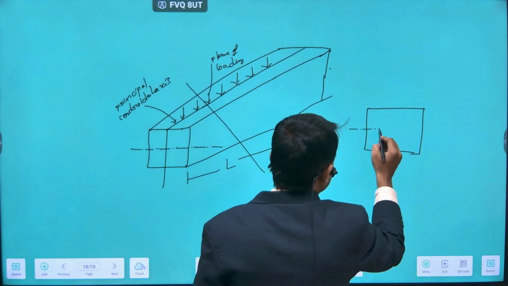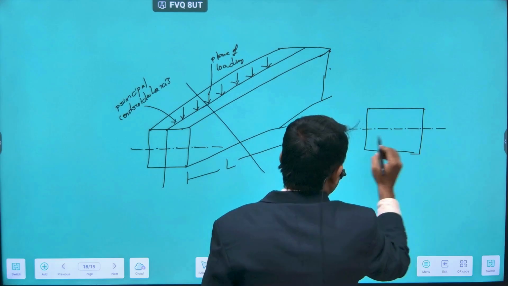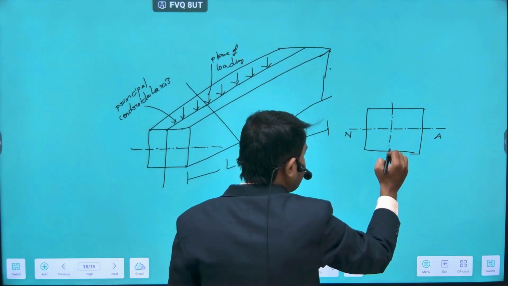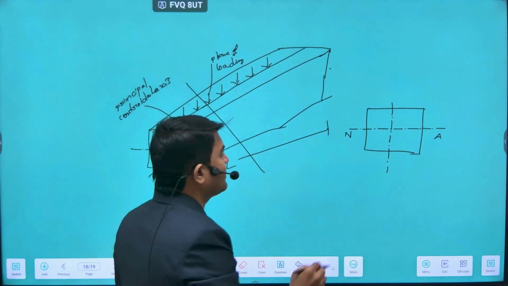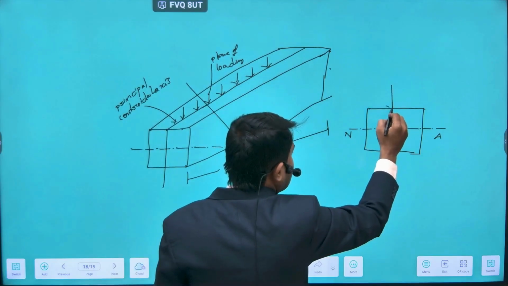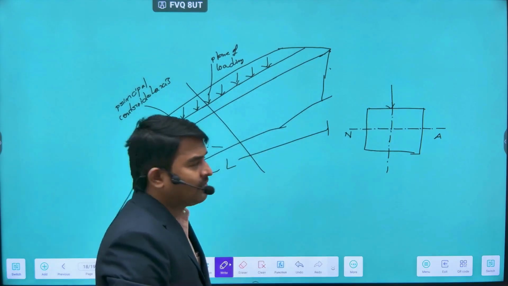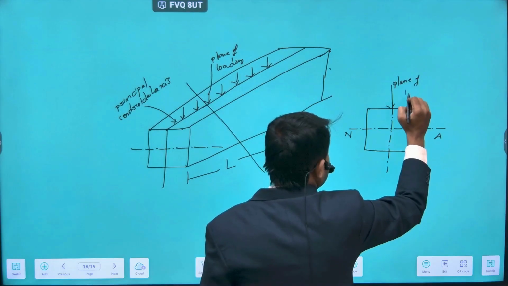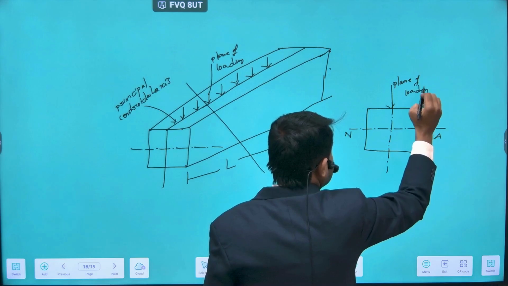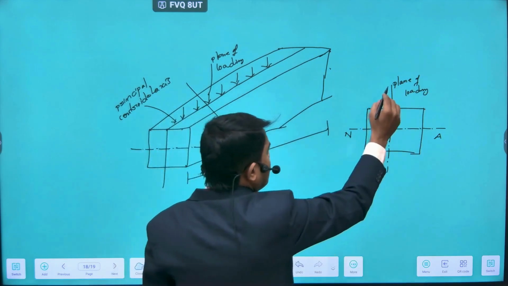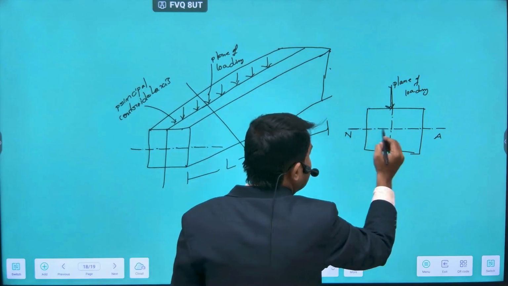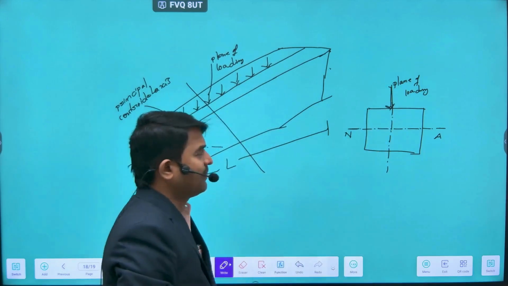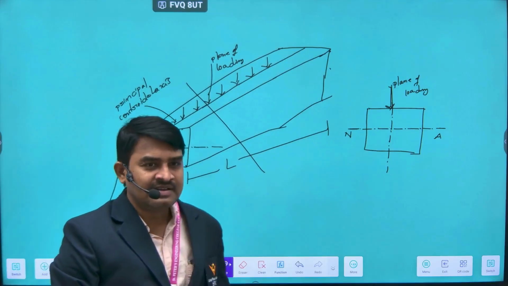Now this is the neutral axis of the beam and this is the vertical axis. Now symmetrical bending will occur due to the load acting on the beam along the y-axis; this is the plane of loading, which is truly vertical. So here the load acting with respect to the neutral axis is either normal or perpendicular. So the direction here is perpendicular. So this comes under symmetrical bending.